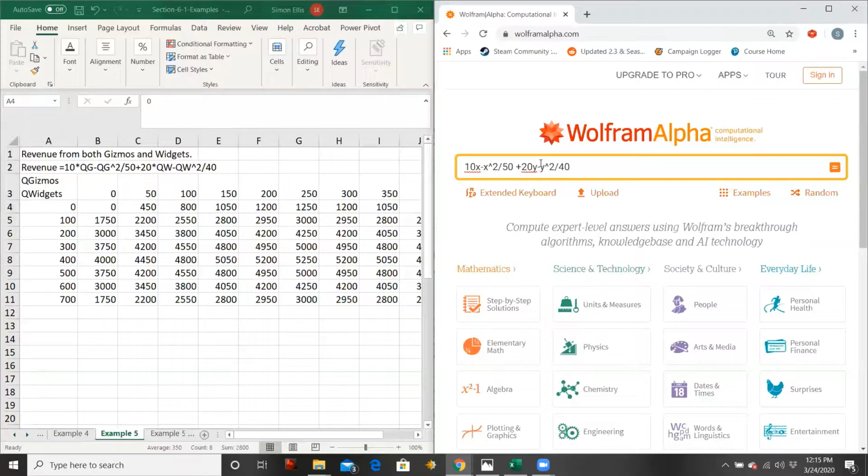And just to make sure everything works out how we want, let's put some parentheses in here and in here. All right.